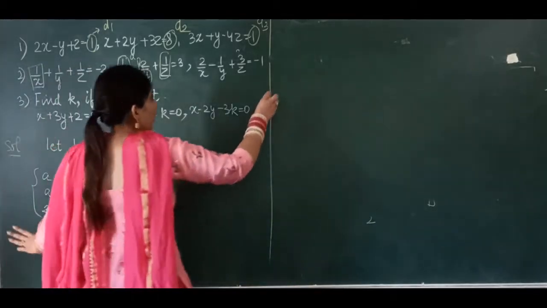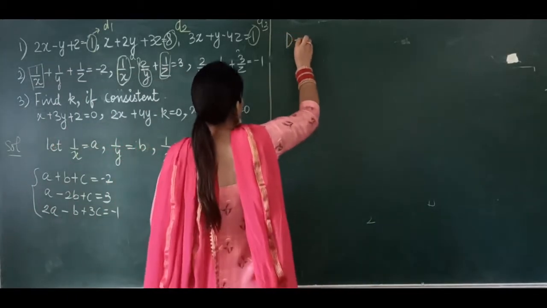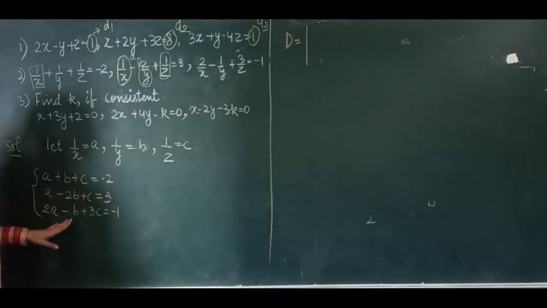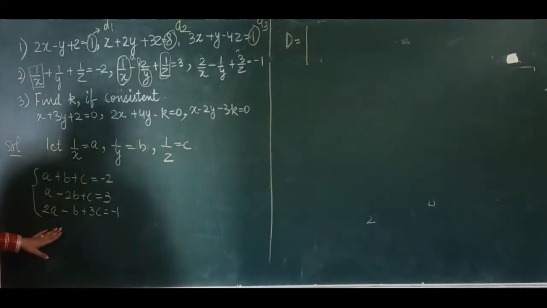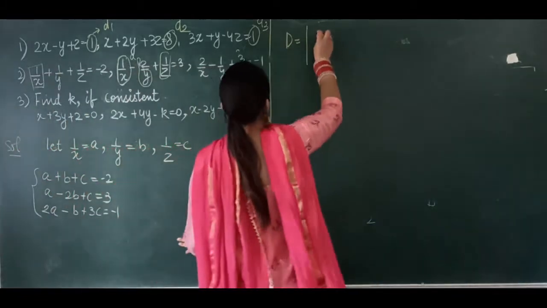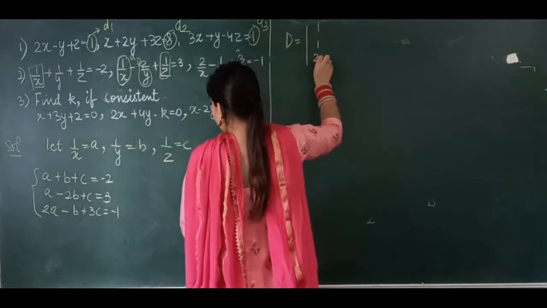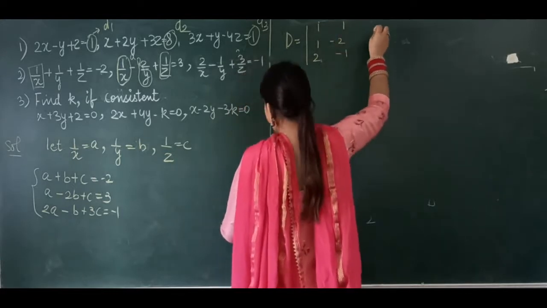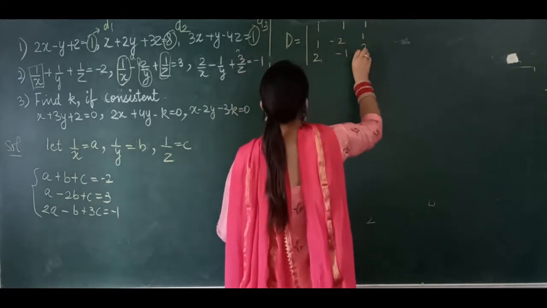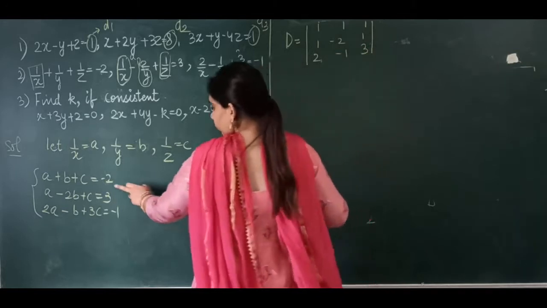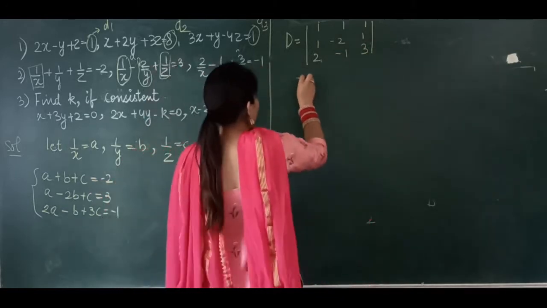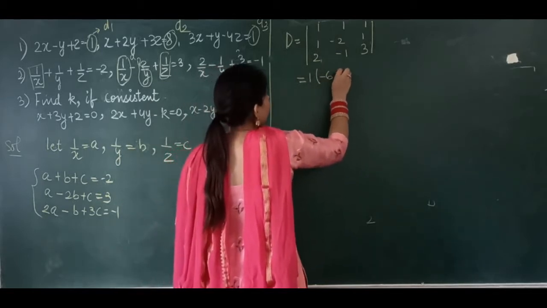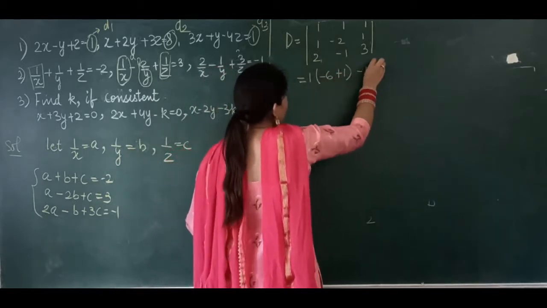So now let's see. D will be the coefficients of a, b and c. So here my d will be 1, 1, 2, 1, minus 2, minus 1, 1, 1, 3. Now let's expand this. This will be 1, minus 6 plus 1.